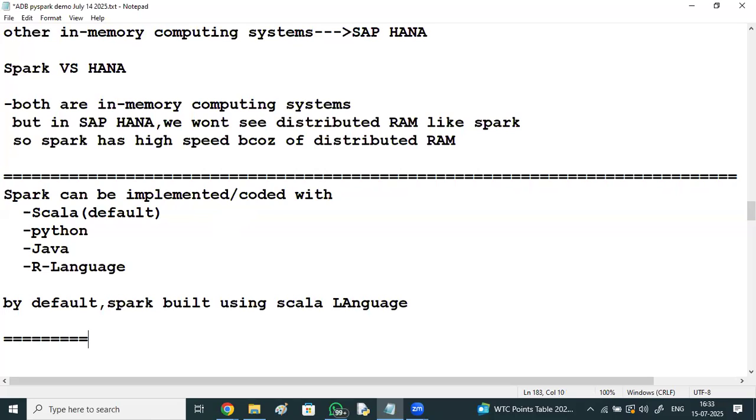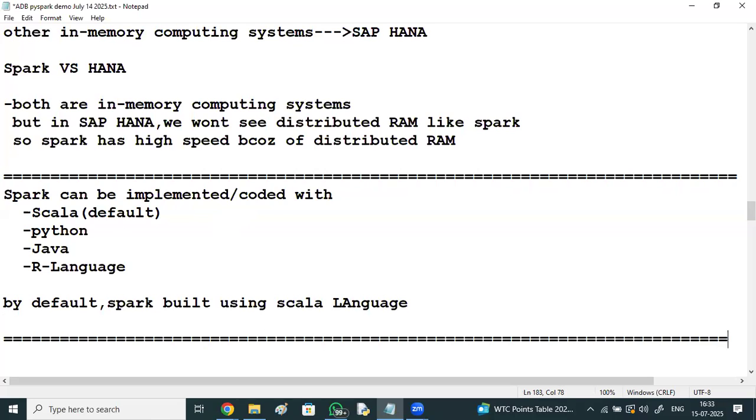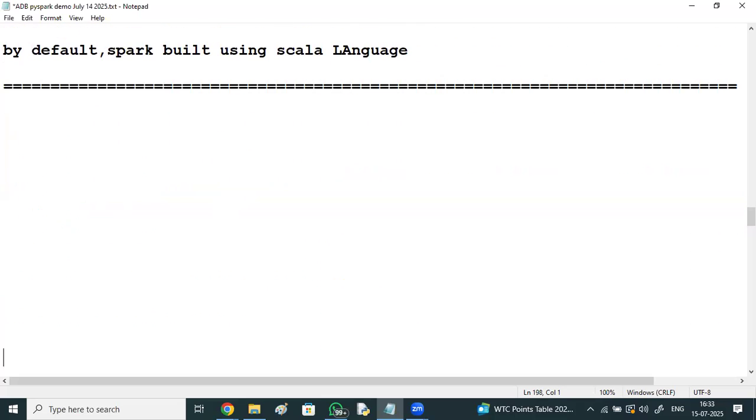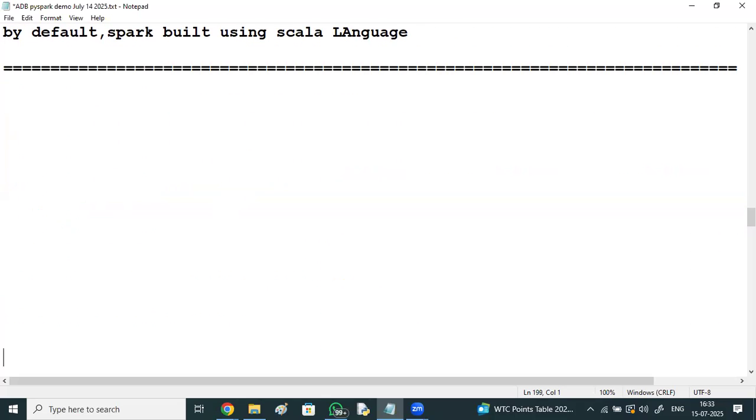If you compare Spark with different other technologies, if you see the different execution engines, right? If I talk about Spark and Tez, what is the commonality between these two?